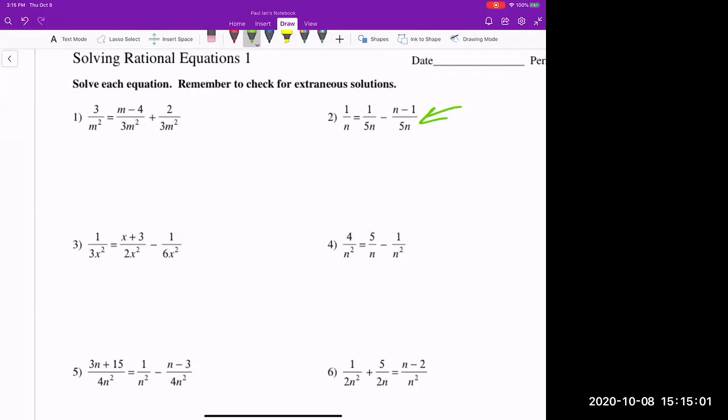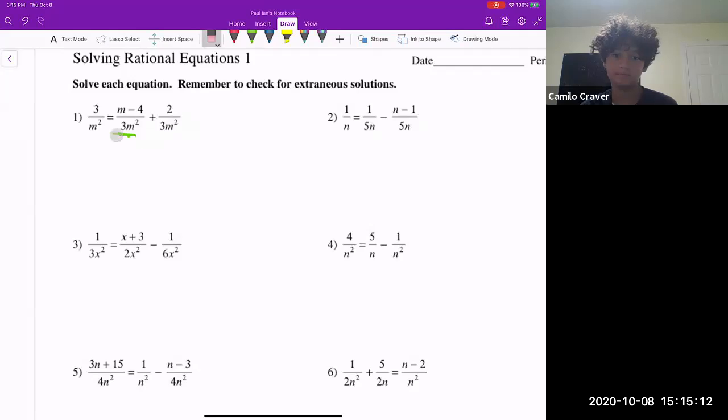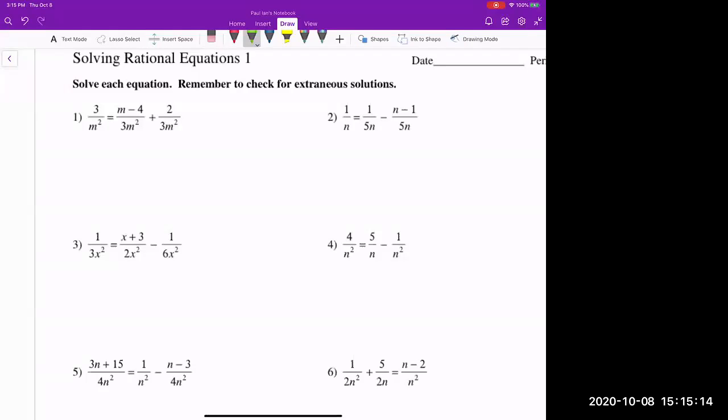And we haven't really seen anything yet where you have different denominator fractions, right? Yeah. That one gets even more difficult. Like this one right here, and this one right here.